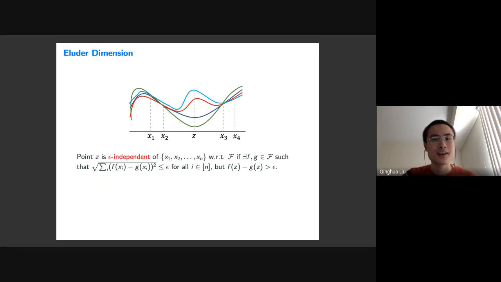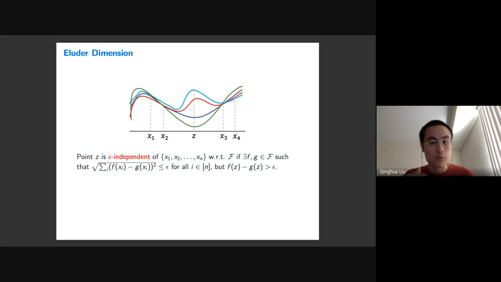Okay. The final thing is the Eluder dimension. This is the most technical part, so I will go through it very slowly. My intuition is that the Eluder dimension is a generalization of the dimension of a linear space. In order to define the Eluder dimension, we need to first define the independence relation between points.